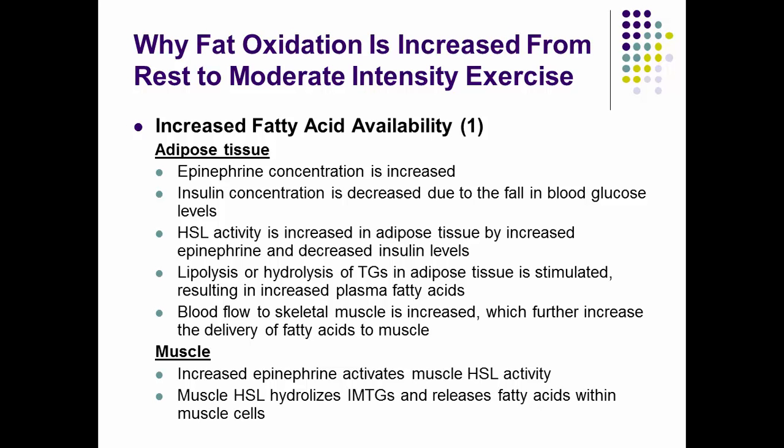These two hormone changes combine to stimulate HSL activity in adipose tissue and increase lipolysis. So adipose tissue will release fatty acids into circulation and muscle picks them up. So you have more fatty acids available in circulation, and muscle will be able to pick them up for use in the muscle.